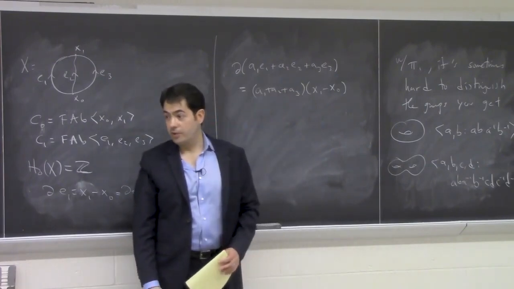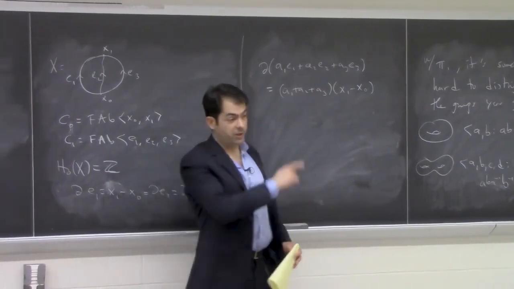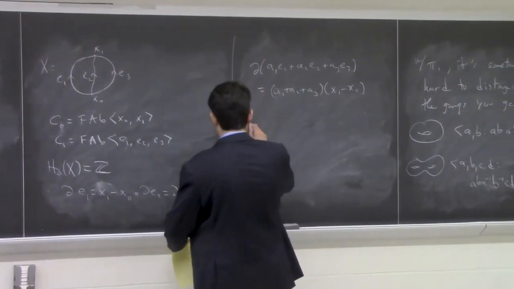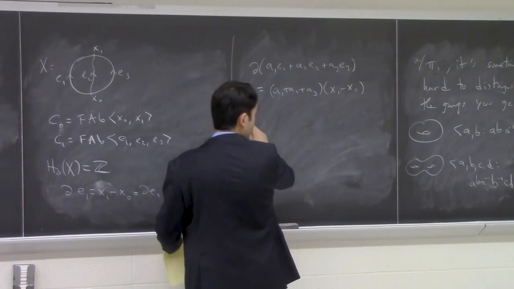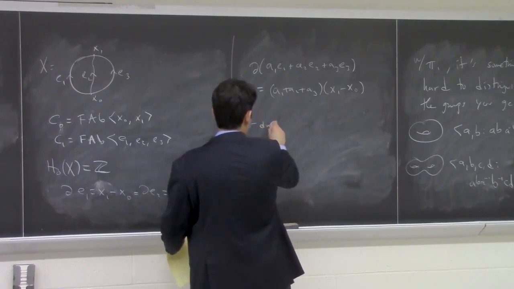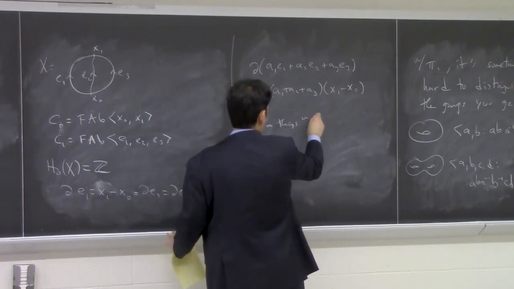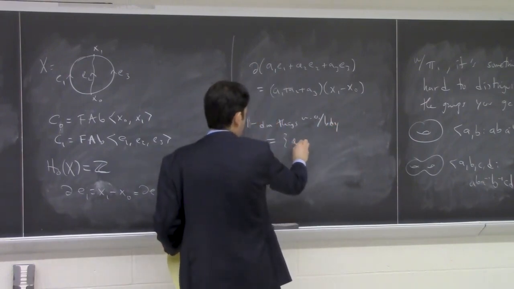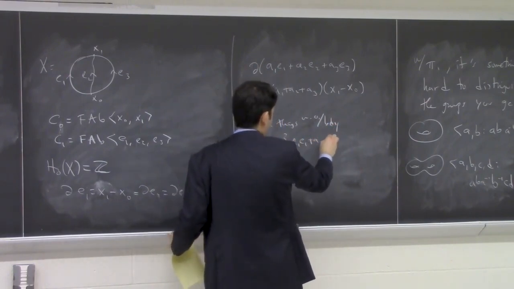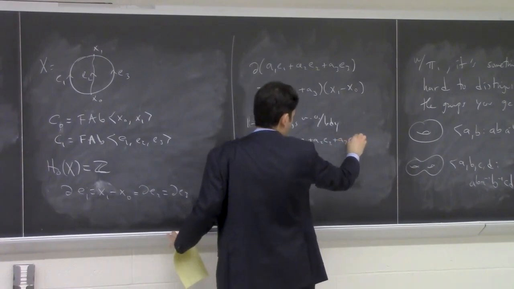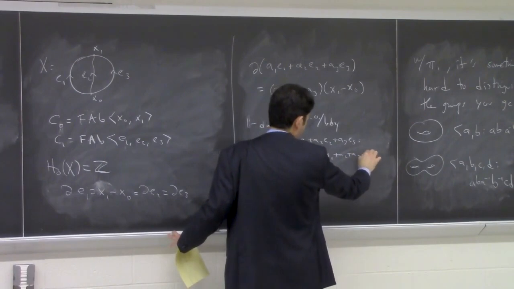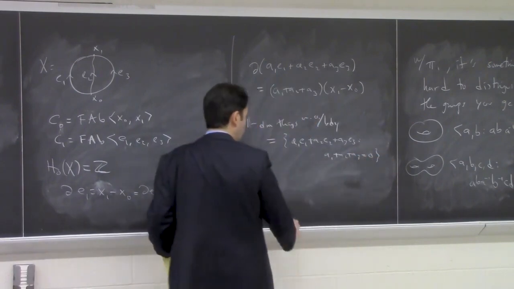Right? So the only way you get 0 boundary is if the coefficients add up to 0. So the one-dimensional things without boundary, that is A1 E1 plus A2 E2 plus A3 E3 such that A1 plus A2 plus A3 is equal to 0.